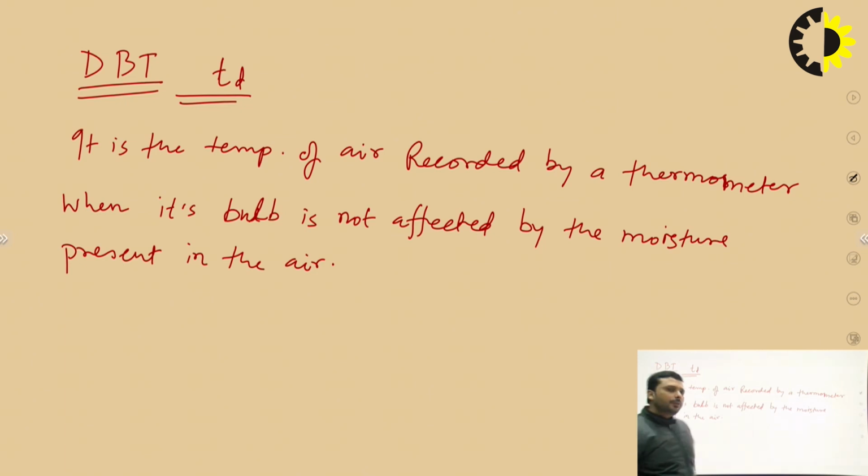When the bulb of the thermometer is not affected by the moisture, the temperature of that air recorded by the thermometer is known as dry bulb temperature.